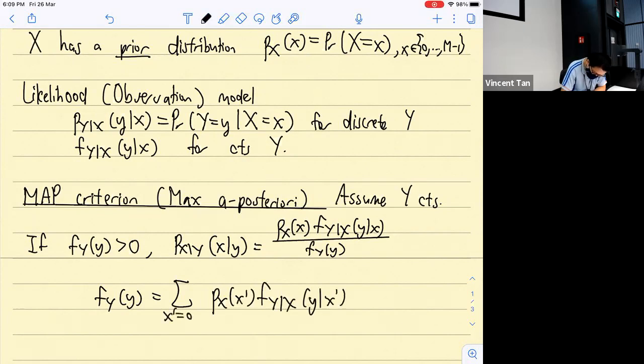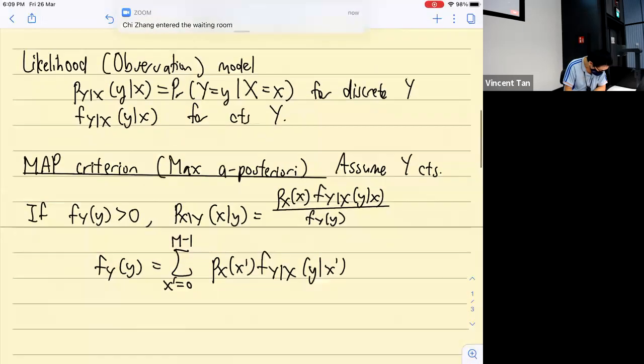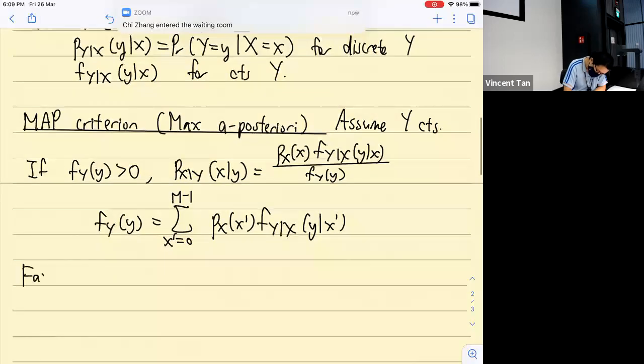Here x prime runs from 0 to M minus 1. So this is Bayes' rule, it's nothing special. This is just writing down what Bayes' rule is.